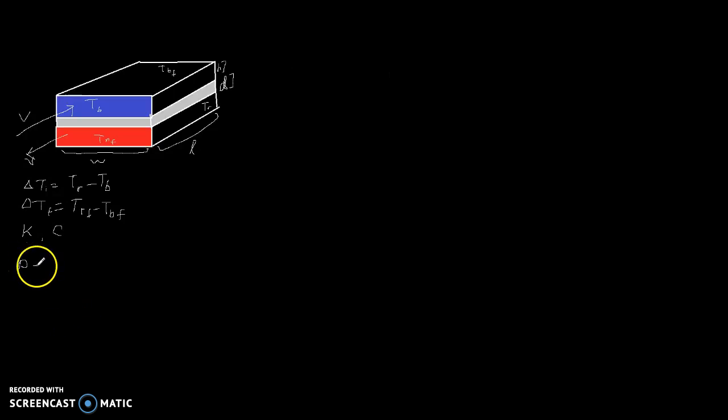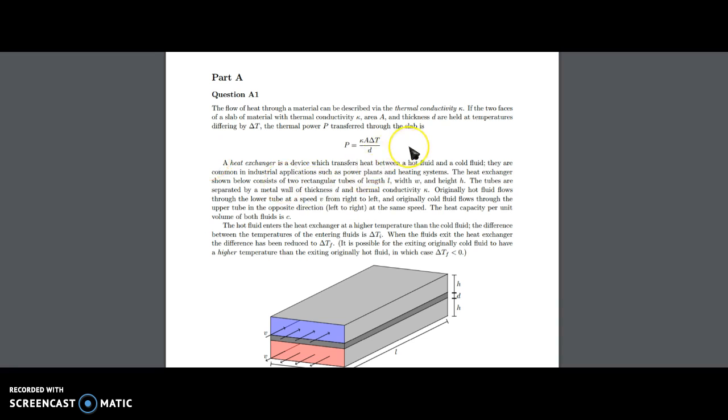It's equal to the thermal conductivity constant times the area times, and this is simply the change in temperature from one slab to the other slab.